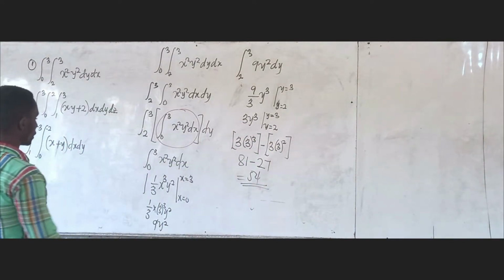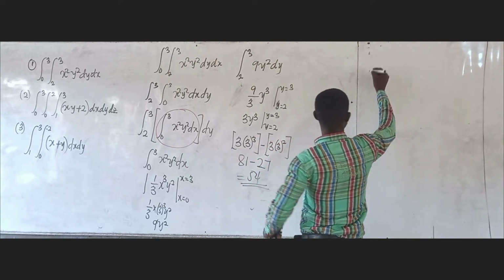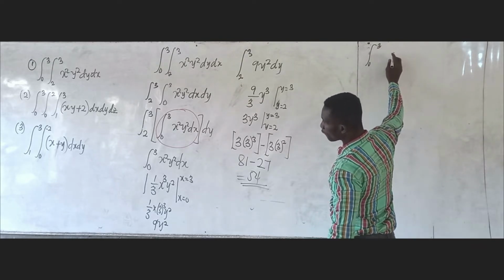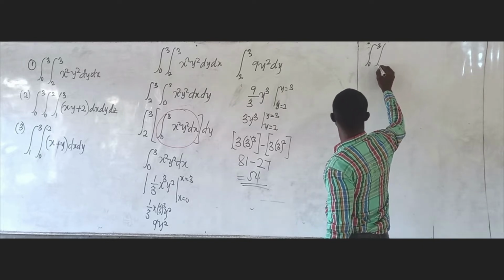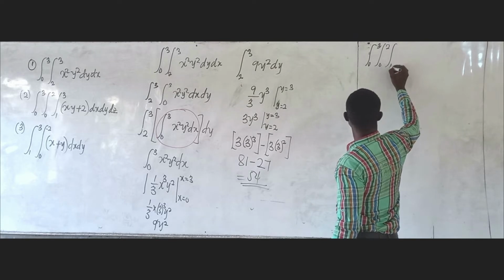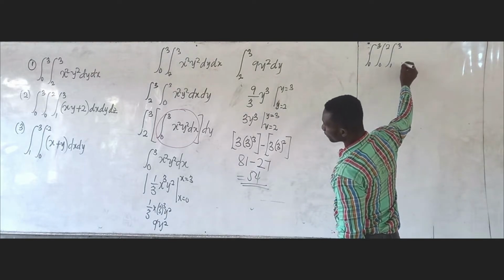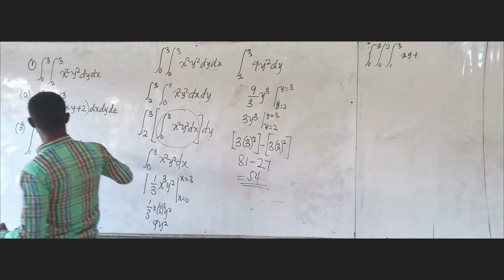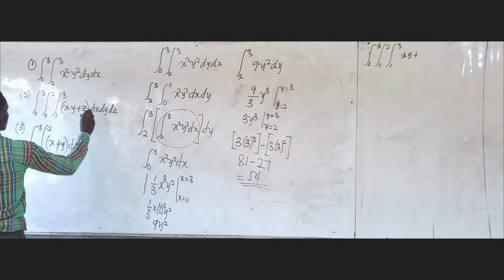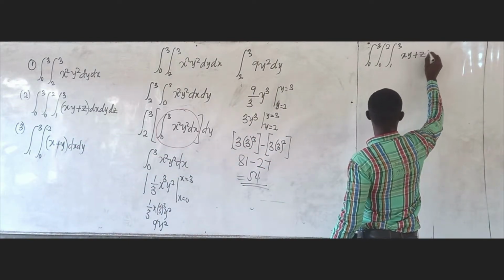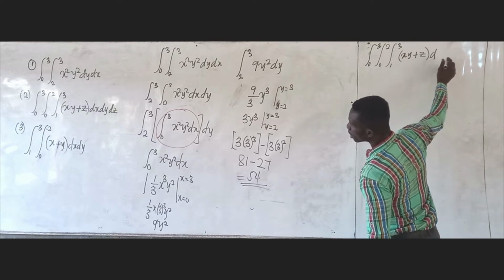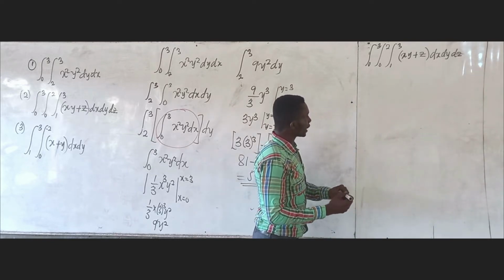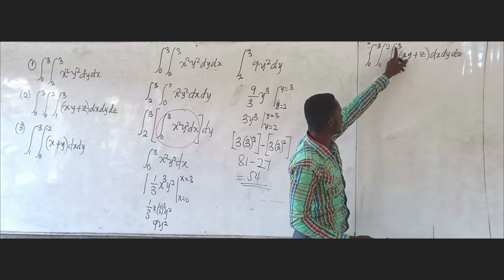I will have the integral 0 to 3 of the integral 0 to 2 of the integral 1 to 3 of xy plus z, dx, dy, dz.